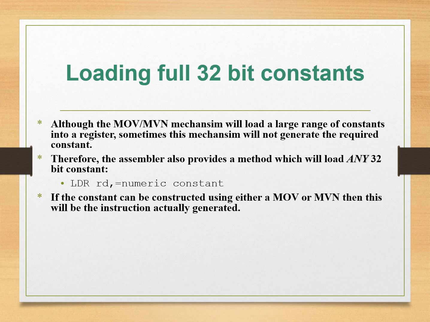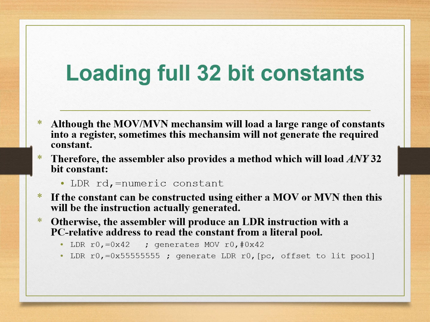If the constant can be constructed using either MOV or MVN, then this will be the instruction actually generated. Otherwise, the assembler will produce an LDR instruction with a PC-relative address to read the constant from a literal pool.